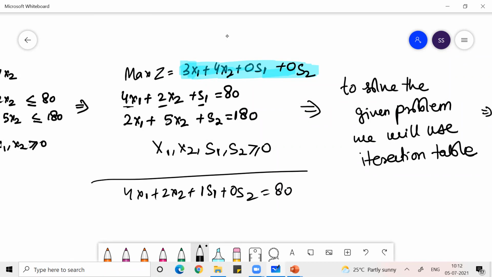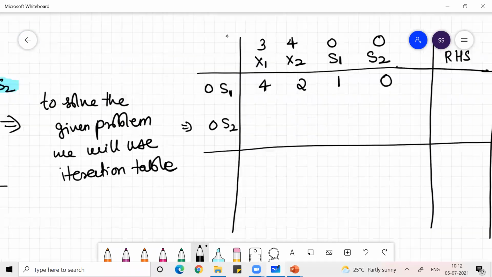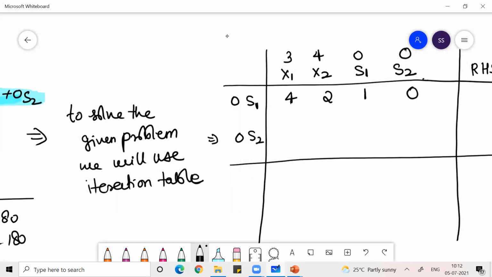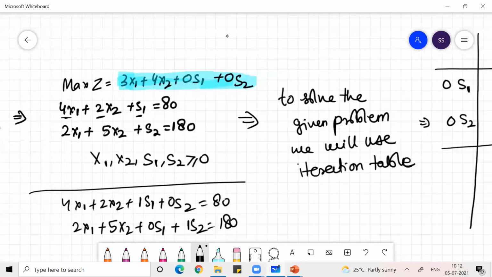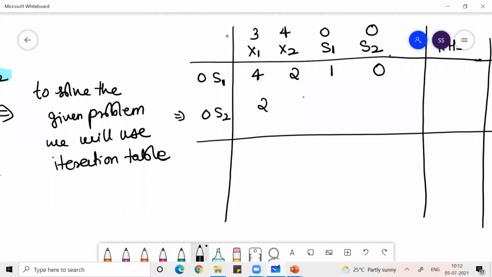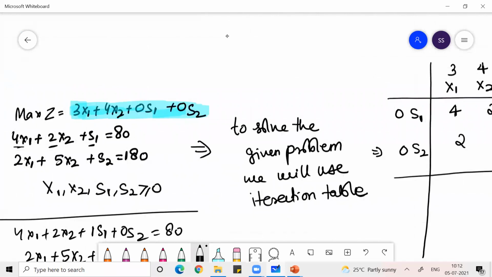The x1 coefficient is 4, the x2 coefficient is 2, the s1 coefficient is 1, and the s2 coefficient is 0. There's no s2 here. The second equation is 2x1 plus 5x2 plus 0s1 plus 1s2, which equals 180. I hope you're not confused with that part. So I just write down the coefficients: 4, 2, 1, 0 for the first equation, and 2, 5, 0, 1 for the second.